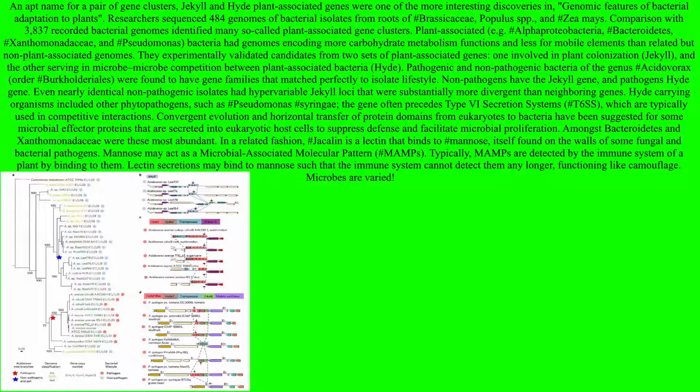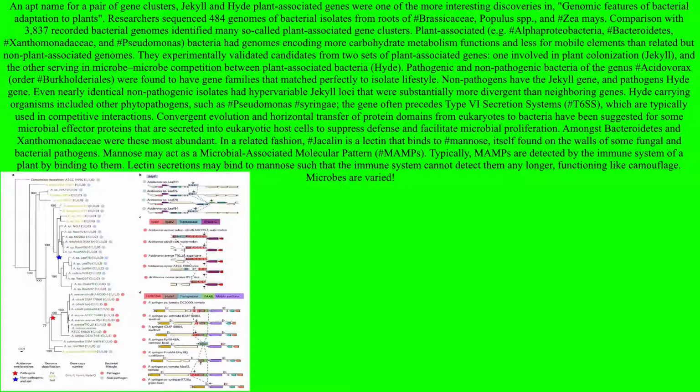Non-pathogens had the Jekyll gene, and pathogens the Hyde gene. Even nearly identical non-pathogenic isolates had hypervariable Jekyll loci, the plural of locus, that were substantially more divergent than neighboring genes.